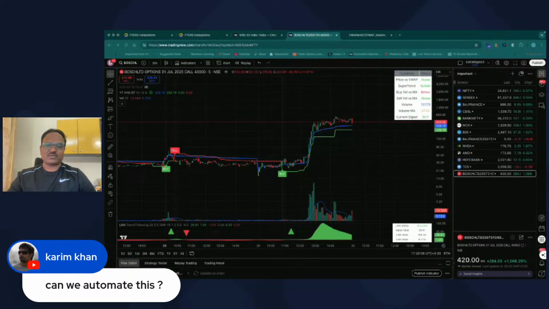Once I complete the Python code, we will do one demo. It's not required for you to sit in front of the system. Obviously you can monitor, but once you have the code, it will look at which option prices are satisfying this criteria, and then go and execute the trade.